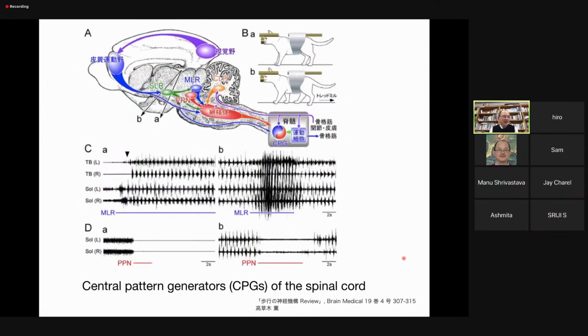This is the detailed mechanism of how the brain works to generate such a periodic pulse for the muscle movement. This is a very sad experiment using a cat. If you cut off the connection from the central nervous system to the peripheral nervous system, some local circuit still generates a periodic pattern.